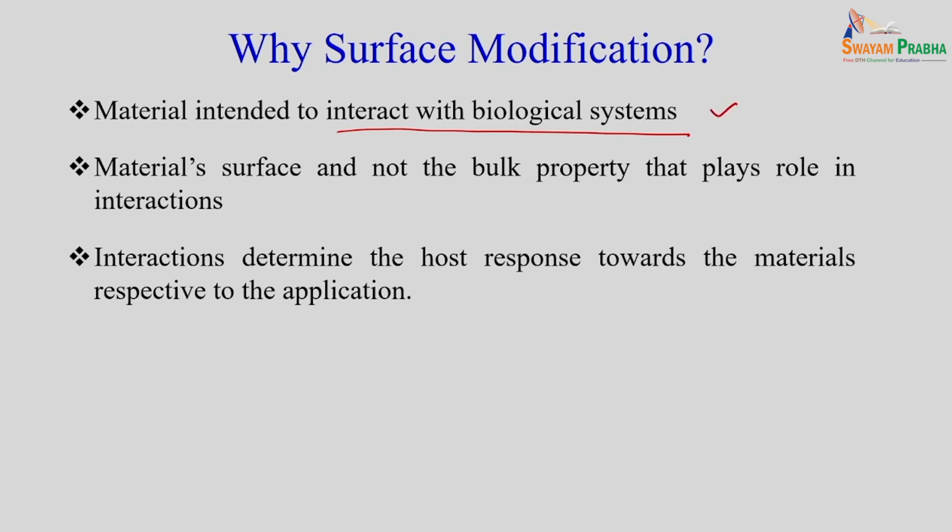So, we cannot avoid it, and as we discussed, the surfaces play a key role in the biointerfacial interactions rather than the bulk property. So, if we can tune the surface, we can tune the biointerfacial interactions, and these biointerfacial interactions determine the host response. In other words, you can say this decides the biocompatibility.